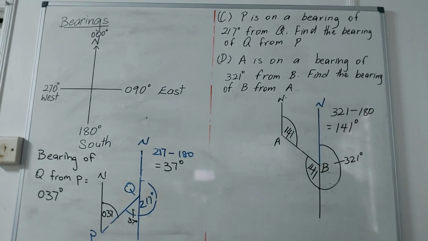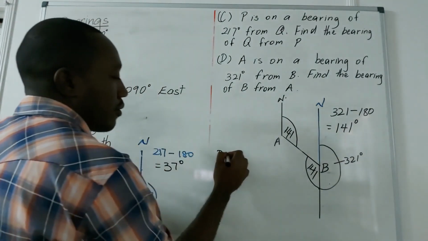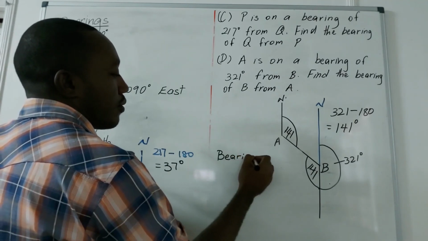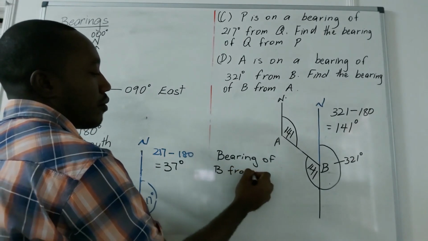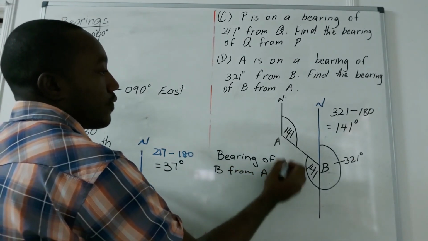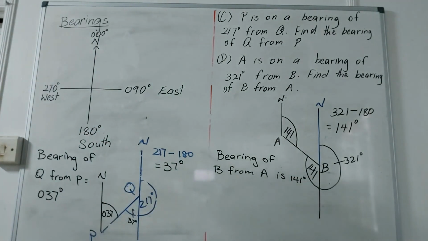So the bearing of B from A is 141 degrees. In our next class, we will do some more questions where we'll have to find the distance between 2 points or when a bearing is given.